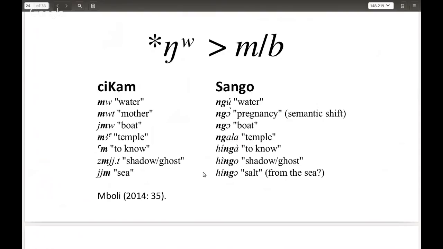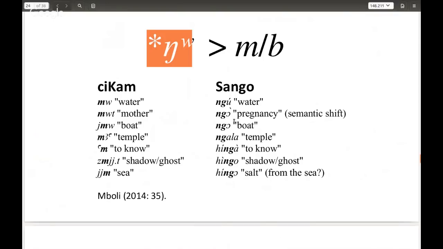And so because these words do not relate to each other in any form or fashion, and there's a regular sound and meaning correspondence between the two languages, these two languages are connected historically. And so we tentatively reconstruct for both of these sounds that the mother tongue must have had this sound here, ngu.